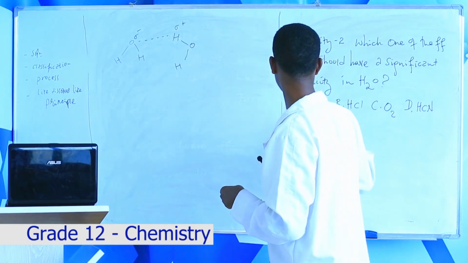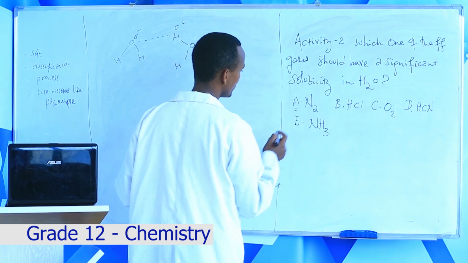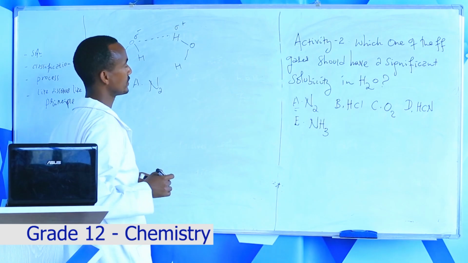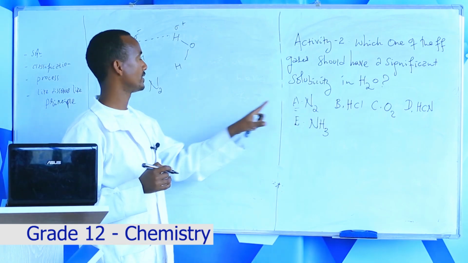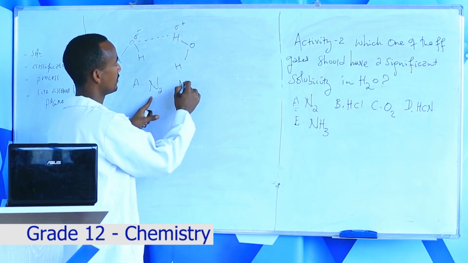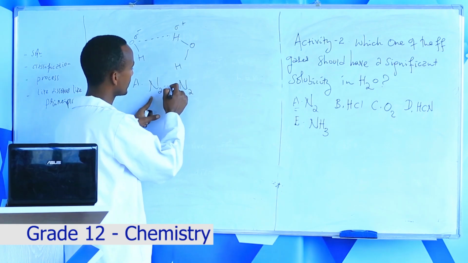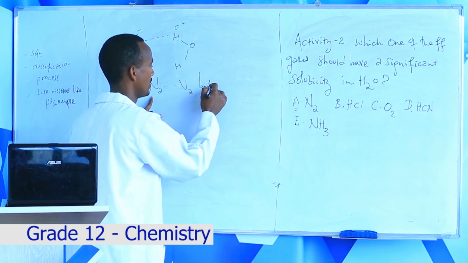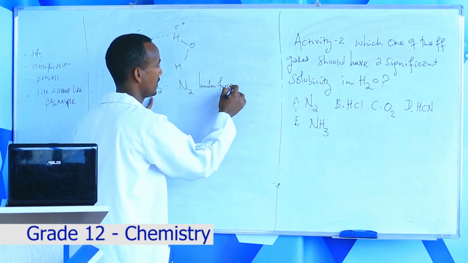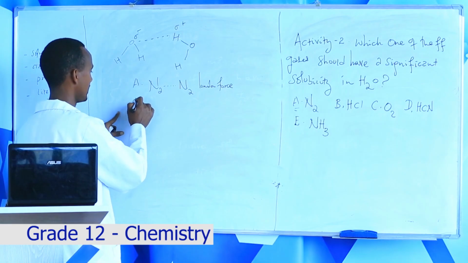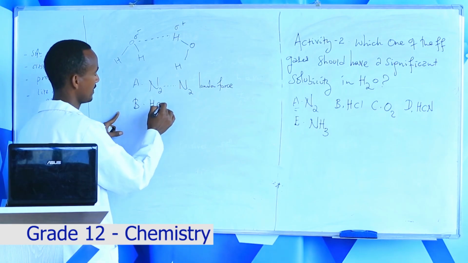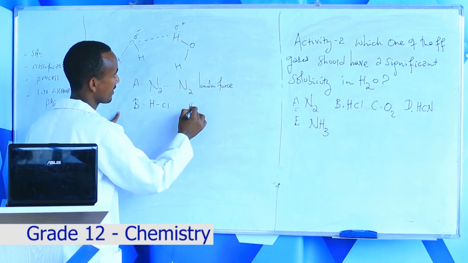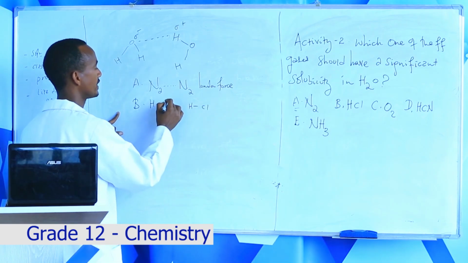So if you consider the alternatives, when it came to nitrogen for case A, nitrogen is a non-polar molecule. So the intermolecular force that exists between non-polar molecules is always London dispersion force. And when it came to HCl, hydrogen chloride gas is a polar molecule.